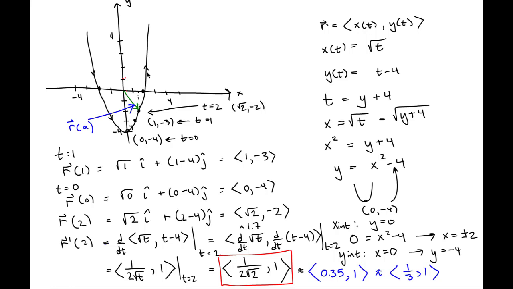Let's sketch this derivative vector. And to help me sketch it, I'm just going to start off by sketching it at the origin, because it'll be easy for me to find about 1/3 for an x component and 1 for a y component. For example, 1 for a y component will be along this line, and 1/3 for an x component is approximately along that line. This gives me a vector that looks something like that. That vector represents the derivative of our position vector.